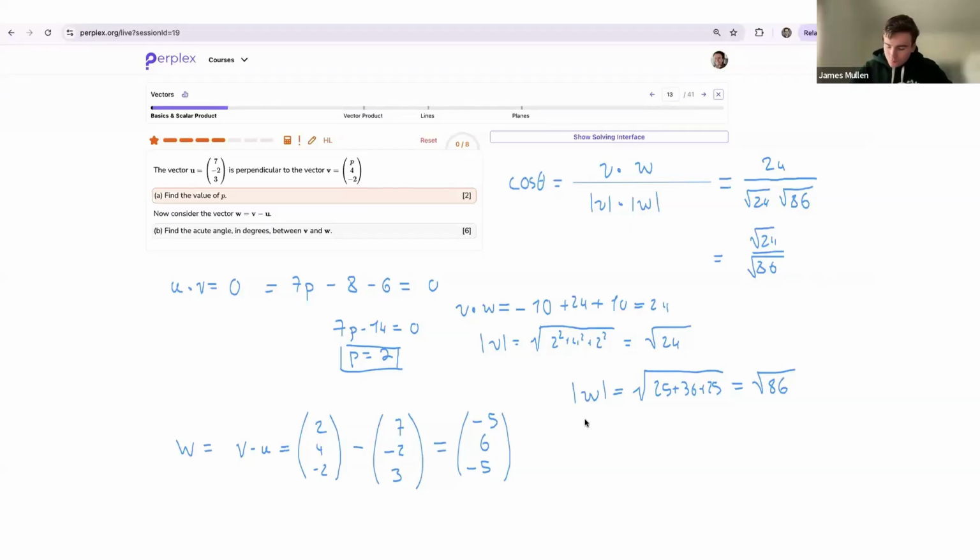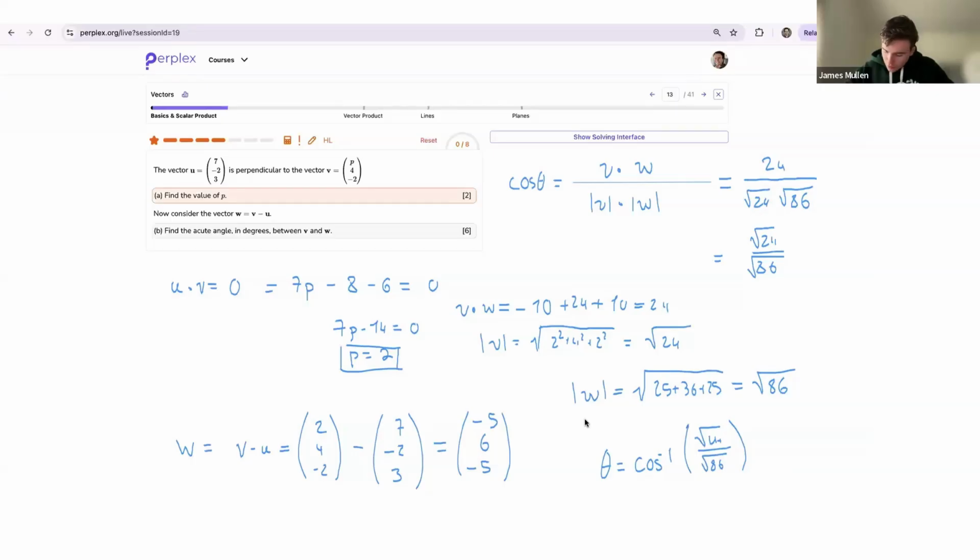So what I'm going to do is I'm going to say that theta is equal to cos minus 1 of root of 24 over root of 86. So root of 24 over root of 86.